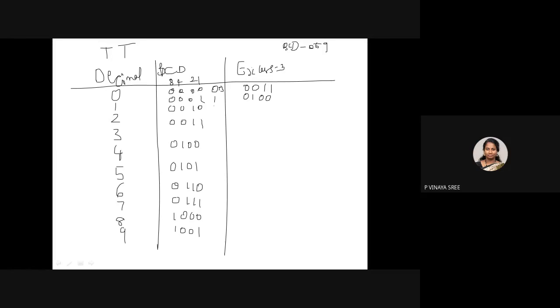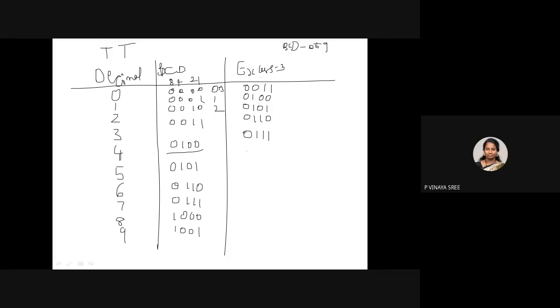Next, here we have 2. 2 plus 3 is 5, represented as 0101. Next, 3. 3 plus 3 is 6, represented as 0110. Next, 4. 4 plus 3 is 7, represented as 0111.